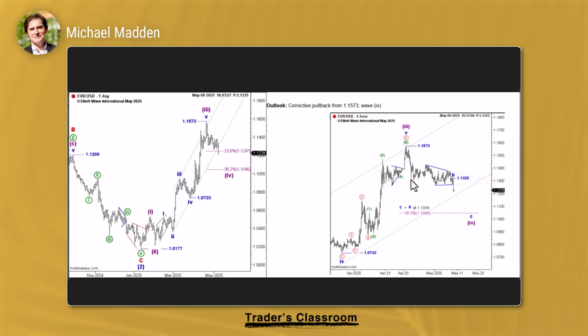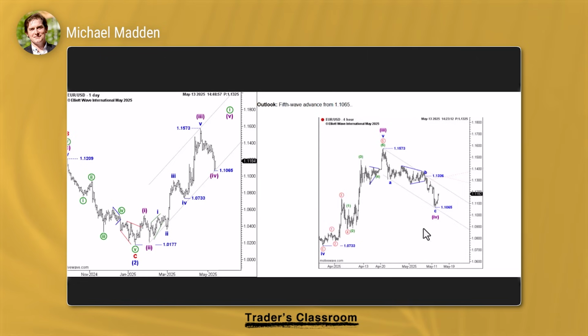And here now is a few hours later where we see that price action started to thrust down. Then we got a key level to work with at 113.20. And then from there, of course, we could calculate the expansion. So C equals A at 110.58, and giving us reason then to look lower, but more importantly, to working with the wave structure, common wave structures within the zigzag pattern.